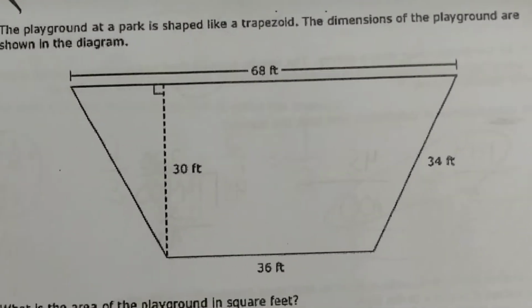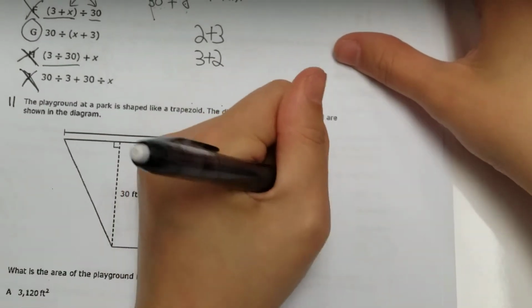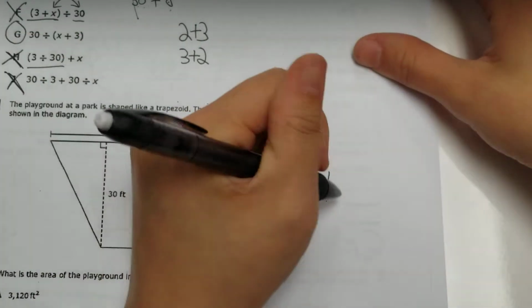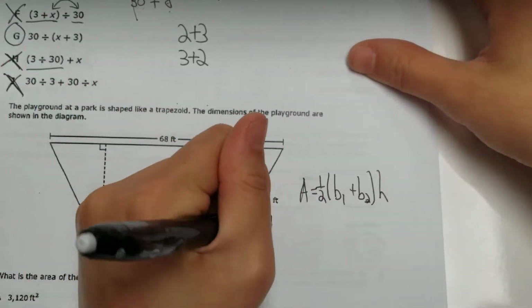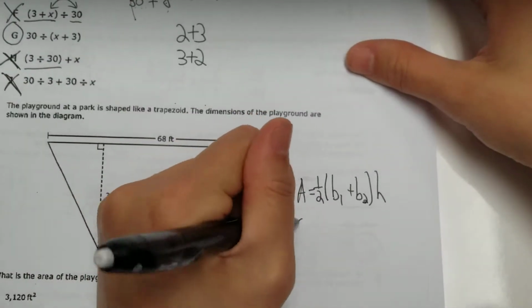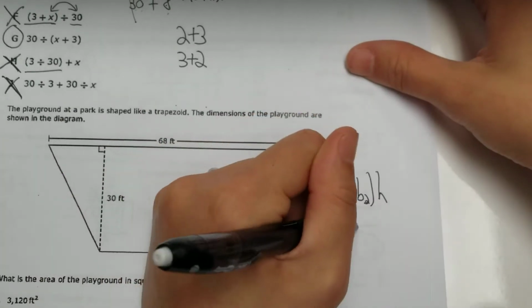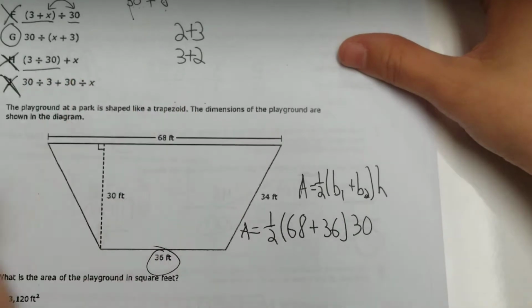Now we have a playground at a park that looks like a trapezoid. So immediately I know to look at my star chart that says area of a trapezoid is equal to half of the base 1 plus base 2 times height. Base 1 is 68. Base 2 is 36. My height is 30. But Miss Yoon, you may ask, what about the 34?